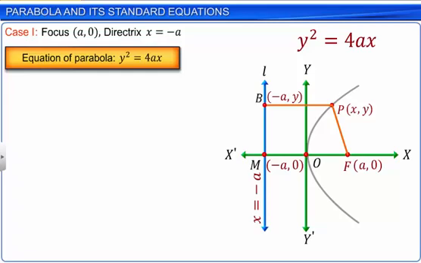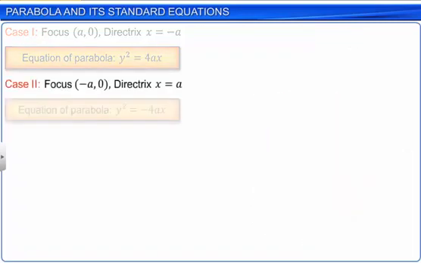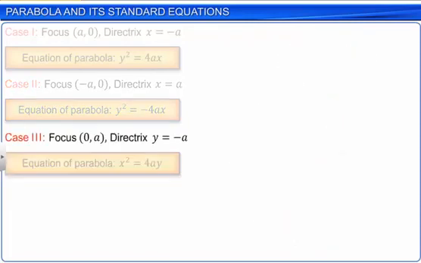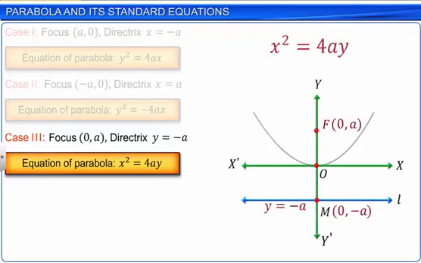By similar derivation, the equation of the parabola with the axis of symmetry along the x-axis, the vertex at the origin, the focus at (minus a, 0), and directrix x is equal to a, is y square is equal to minus 4ax. The equation of the parabola with the axis of symmetry along the y-axis, the vertex at the origin, the focus at (0, a), and directrix y is equal to minus a, is x square is equal to 4ay.